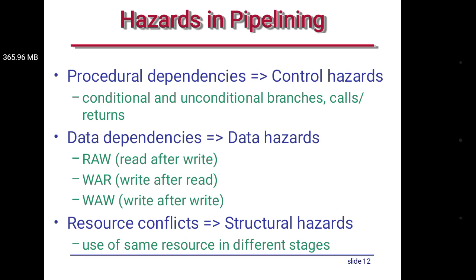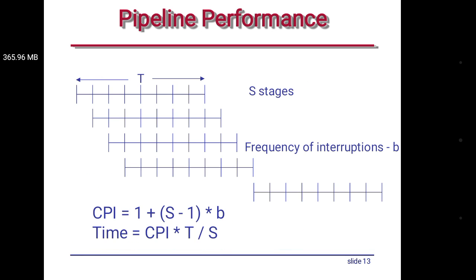So these are the hazards. Mainly there are three types of hazards: control, data, and structural hazards. We will see these hazards in a very vivid way in our next video. So let's move forward to our current topic, pipelining performance.